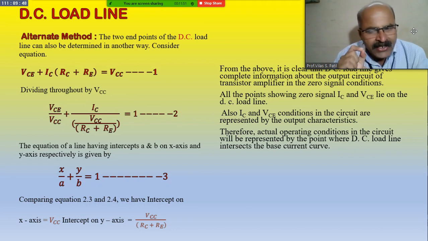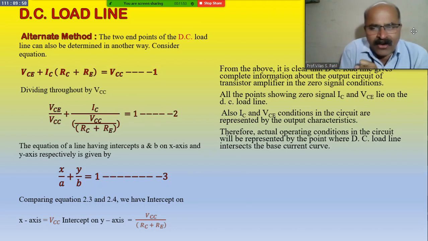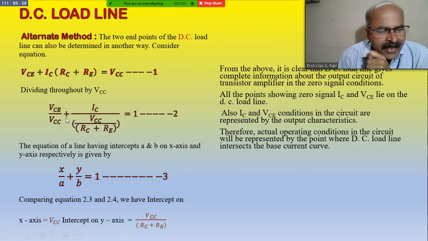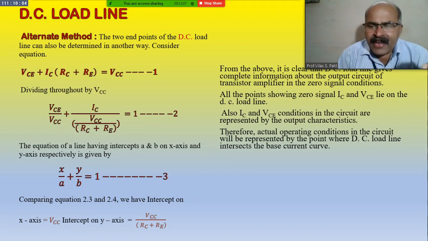Then just divide by VCC on both sides. Then we get VCE divided by VCC plus IC divided by VCC divided by (RC plus RE).